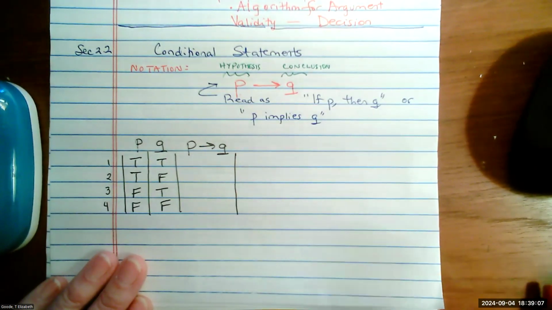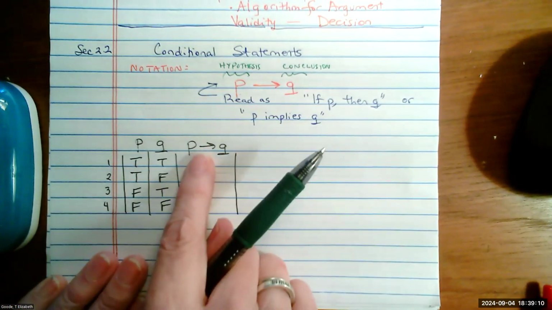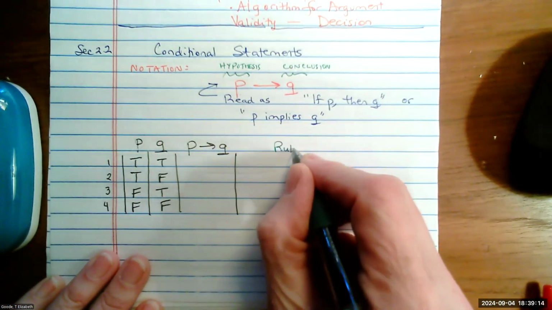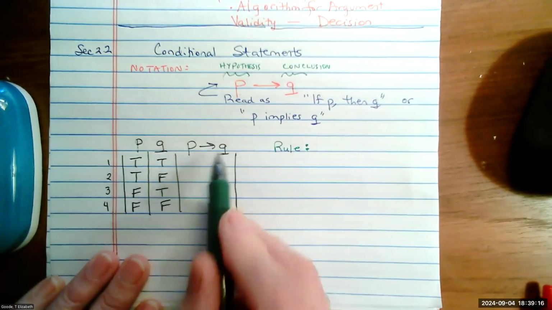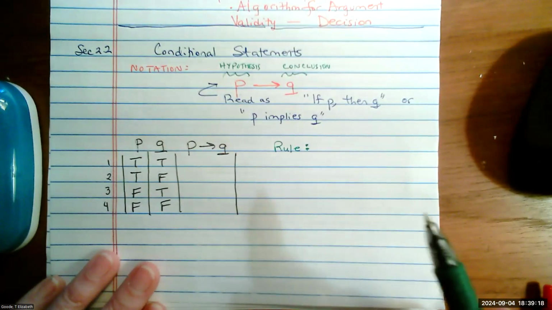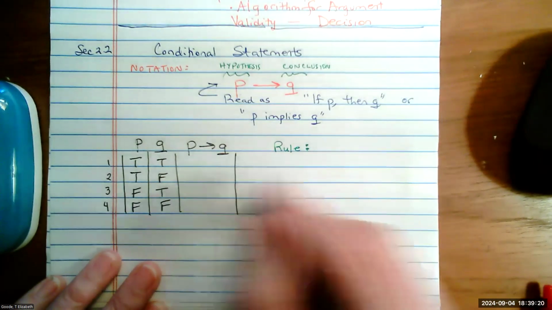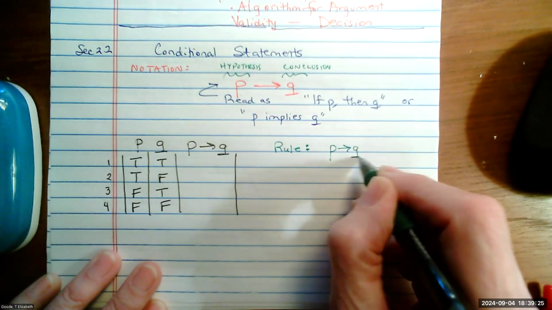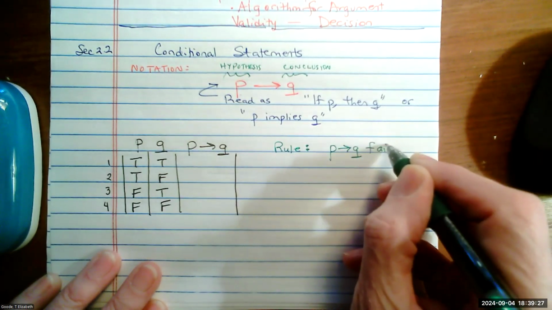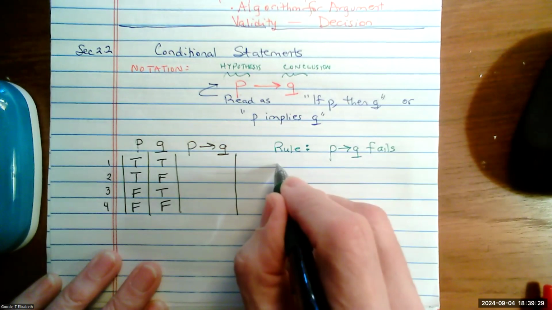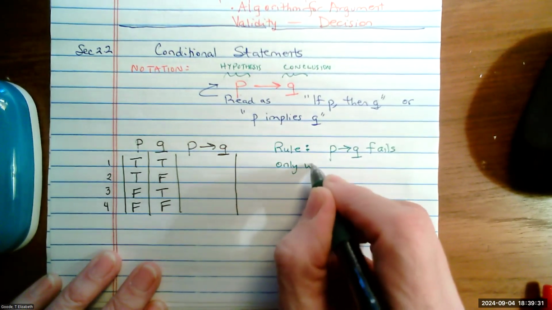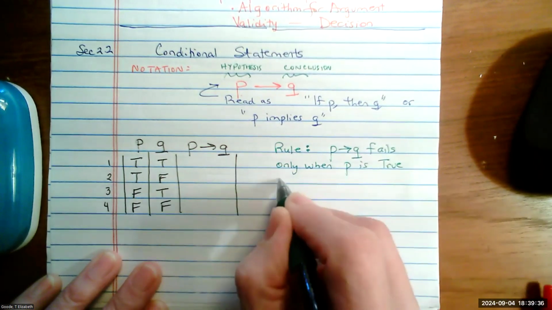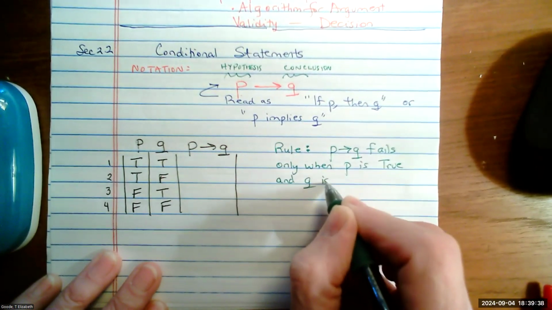All right, I'm going to actually write the rule with words, and then you can help me fill in this column. The rule for when P implies Q, or if P then Q, is true and when it's false is like this. It's kind of easier to talk about when it's false. P implies Q fails only when P is true and Q is false.